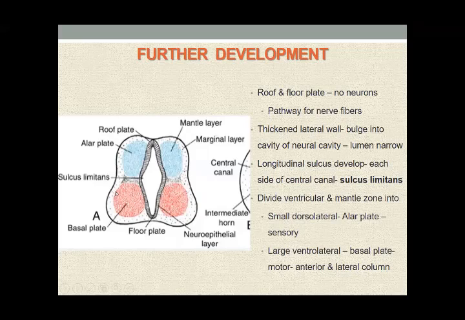And उसका मतलब ये है कि the neurons with motor activity, motor neurons जो हैं, they develop in one place, they accumulate, they get together in one place.